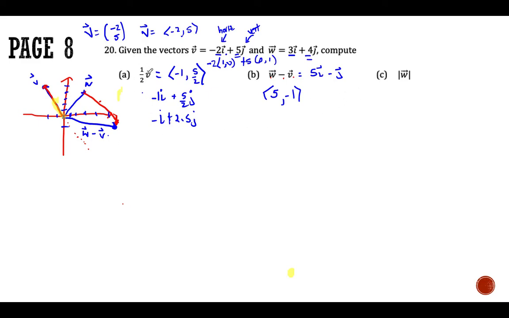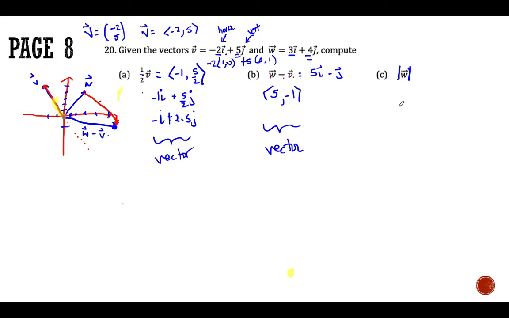Now, dilating a vector gives you a vector. Subtracting two vectors gives you a vector. The magnitude, yes, I know those are absolute value bars, but we think magnitude in vector land. It's a distance, which absolute value is a distance, right?